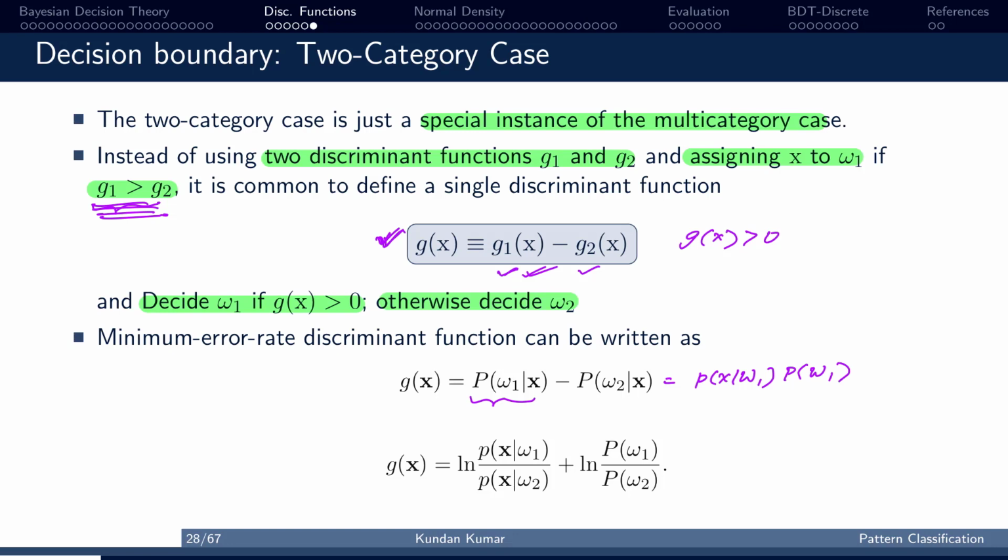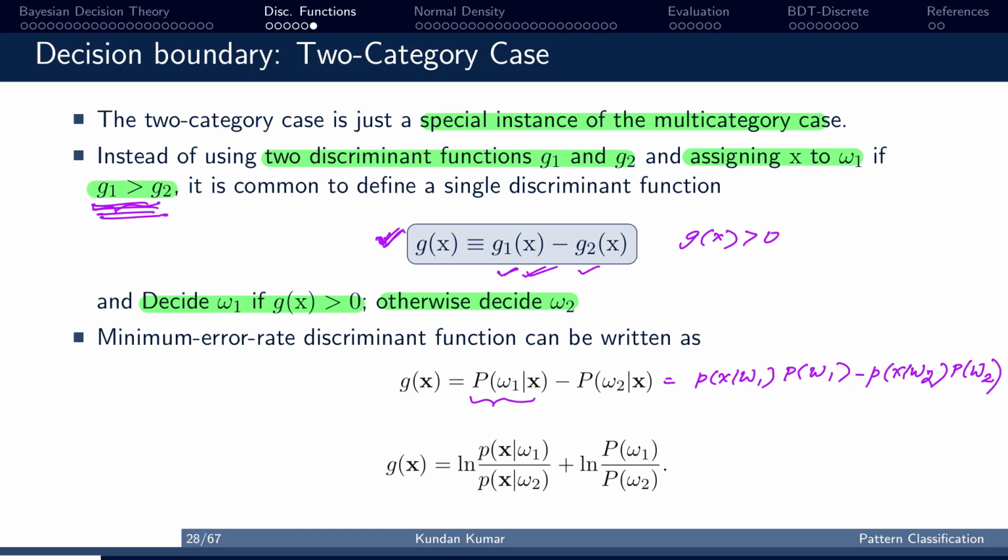We are just omitting the evidence because it does not contribute anything to the decision, because the evidence is common for both classes. So we can write the posterior probability as the product of the likelihood and the prior probability. The posterior probability for class 2 will be the likelihood of class 2 times its prior probability.